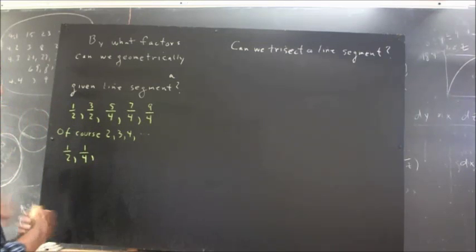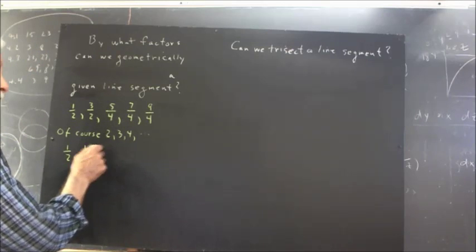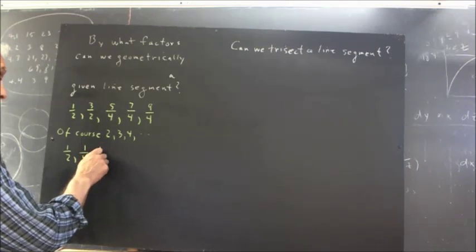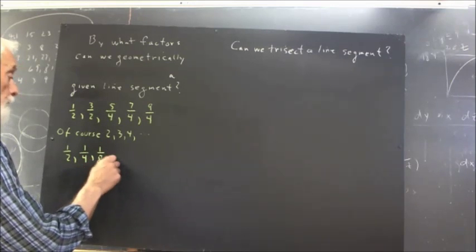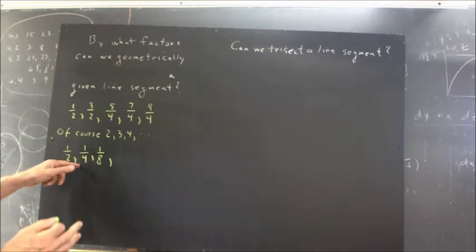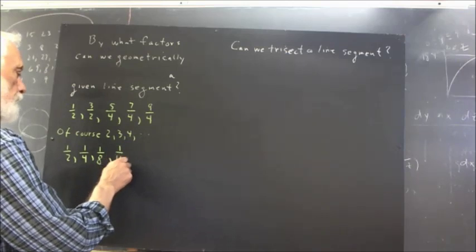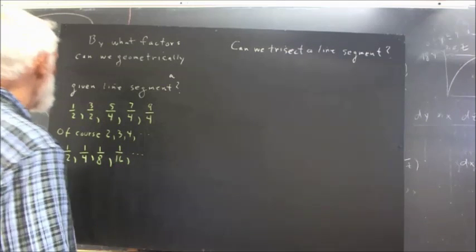You should stop and think about that to make sure you see what it should be. I hope you've stopped and got your own opinion, but it'd be 1/8, because we cut 1/4 in half, we have 1/8. And then we get 1/16, and so forth.